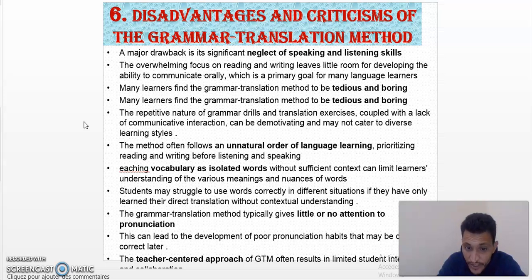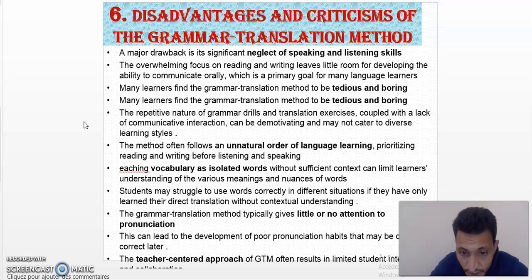Teaching vocabulary as isolated words without context can limit learners' understanding of the various meanings and uses of words. When we teach vocabulary as isolated words, we don't teach vocabulary in context, in communicative situations, and this can limit learners' understanding of the various meanings and uses of words.